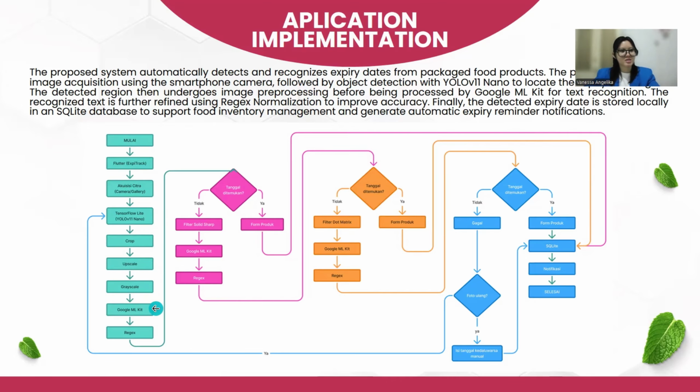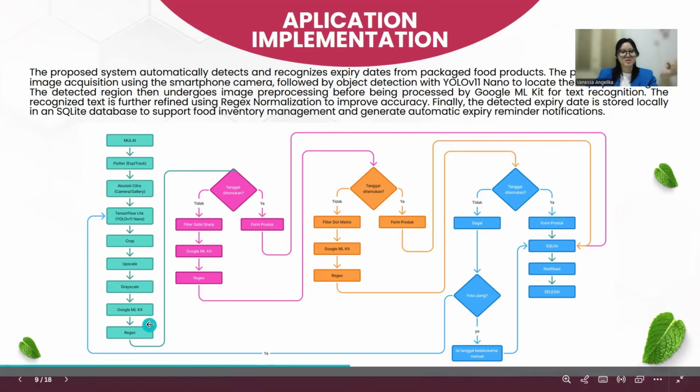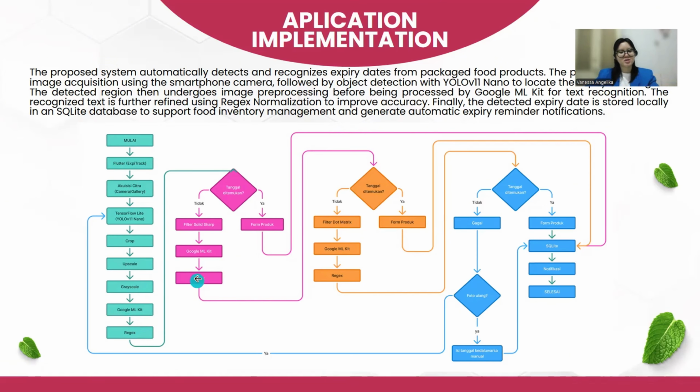Google ML Kit is used to read the text, extracting the text from the cropped images, and finally regex will normalize the extracted expiry date into a standard format, and the result will be stored in a local SQLite database to support food inventory management and reminder notifications.